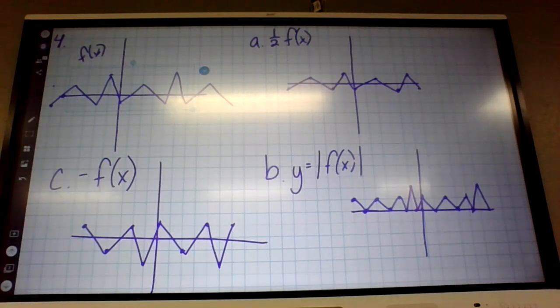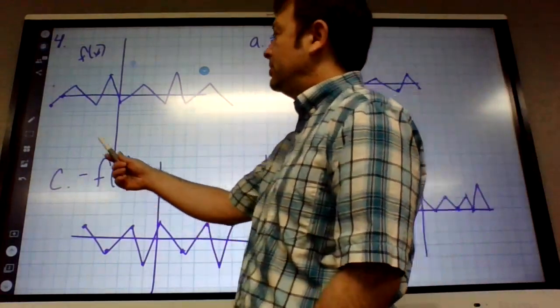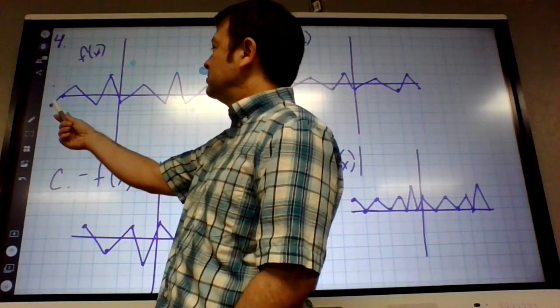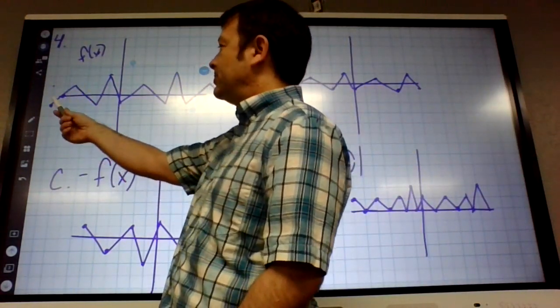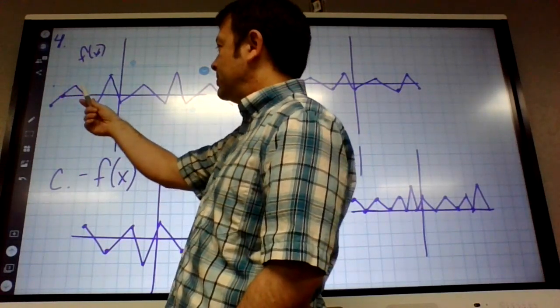I just found each point and flipped it upside down. I kind of use the pattern too. I know it goes up 2 and over 2 and down 2 and back 2.